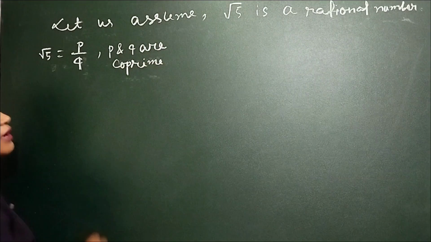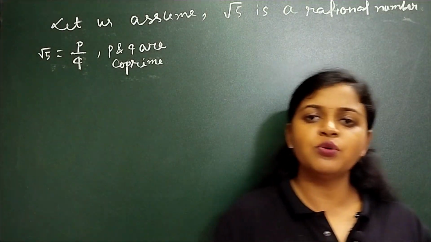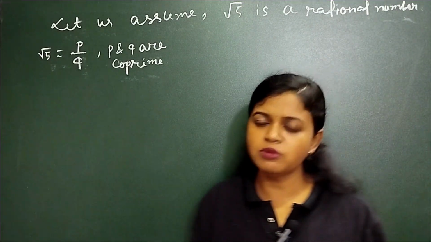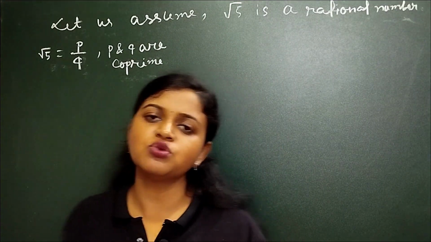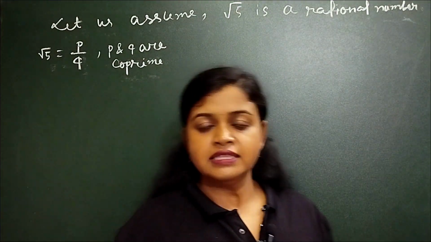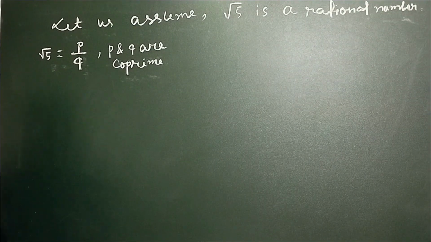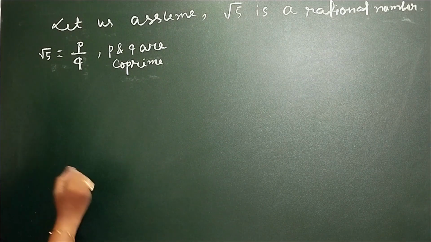What do you mean by co-prime numbers? Co-prime means two numbers that have only 1 as a common factor. So p by q is in co-prime form.